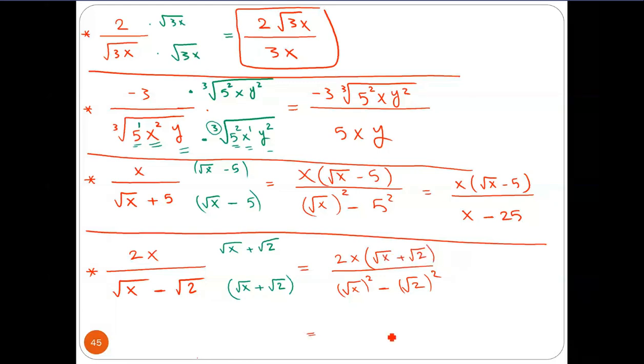The final result is x minus 2 in the denominator, and in the numerator 2x multiplied by radical x plus radical 2.